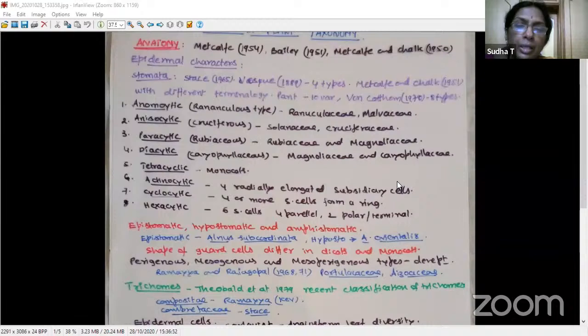And cyclocytic means four or more, even much more, subsidiary cells around the guard cells in a ring-like manner. And hexacytic means six subsidiary cells, four parallel and one each above and below, at right angles.